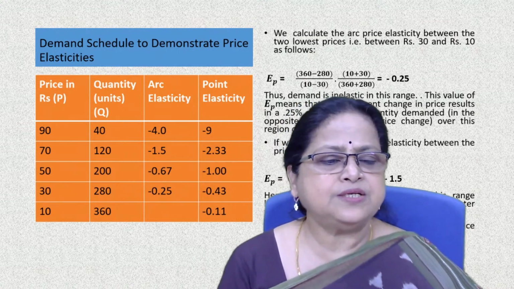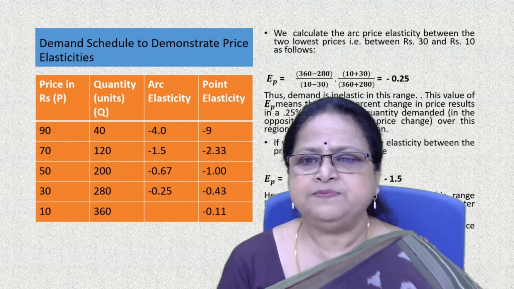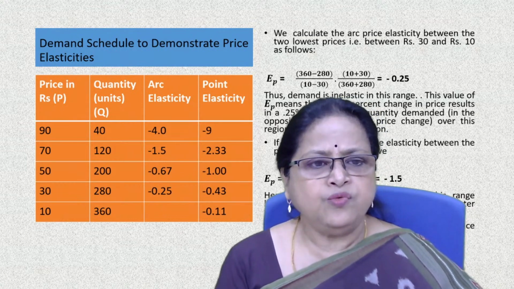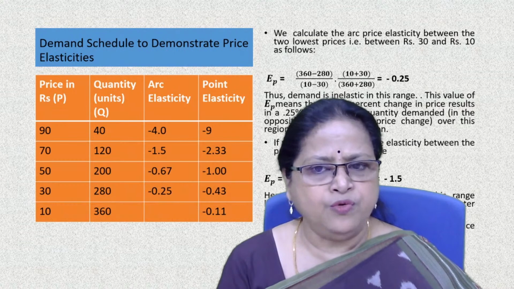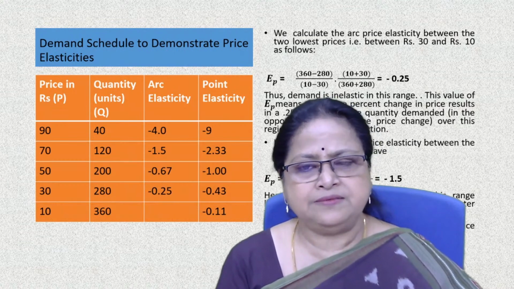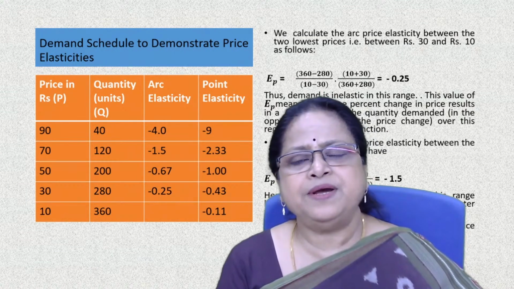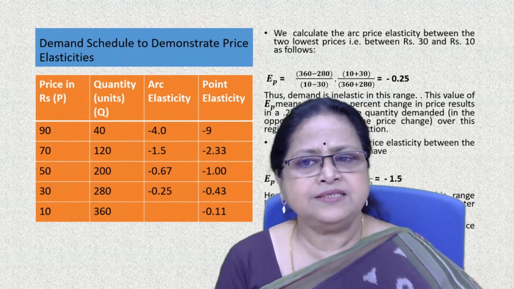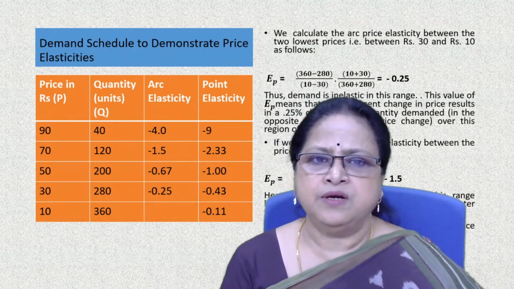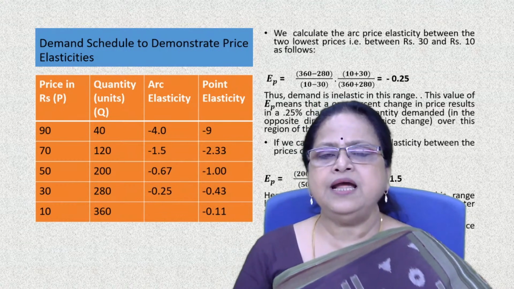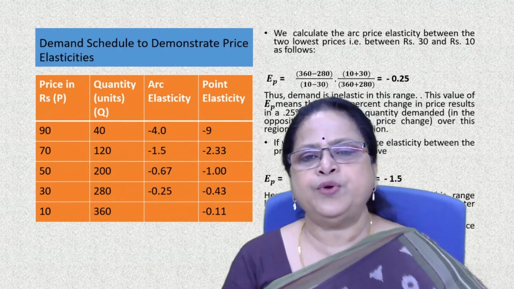So quantity sold is 280 and 360 respectively. Now new Y minus old Y divided by new X minus old X multiplied by new X plus old X divided by new Y plus old Y. That is the formula, and we are getting minus 0.25.